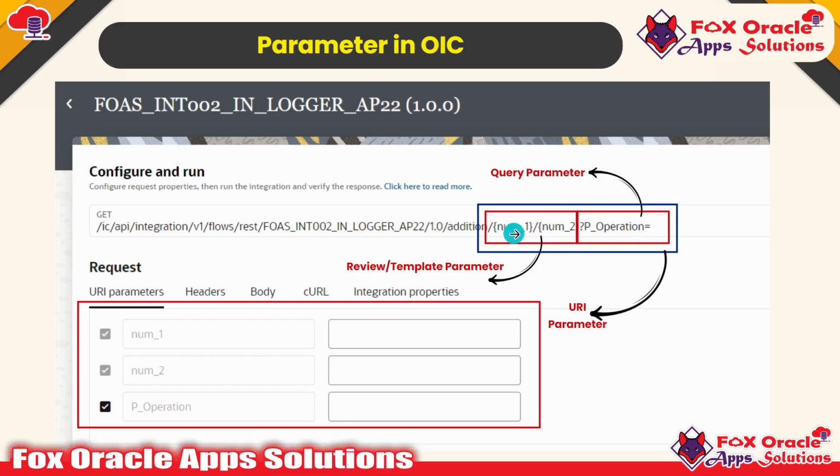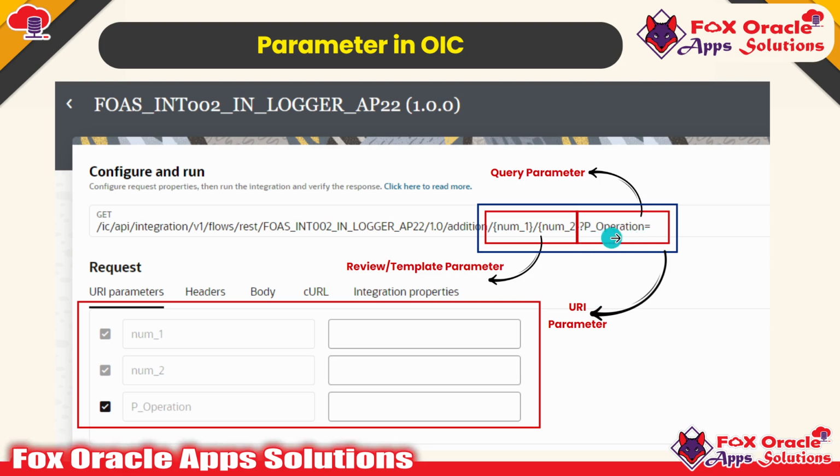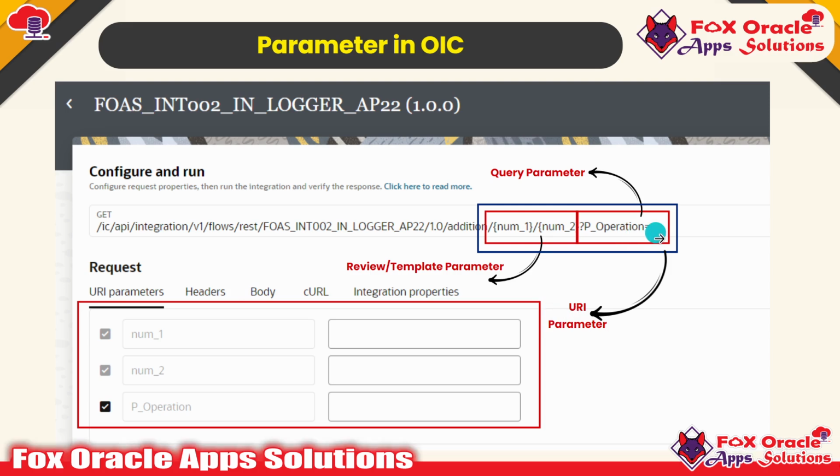As you can see, these are the query parameters and these are the review parameters. The review parameters are reflected in the integration's URL or the API URL, and in the review parameters there are no parameter names. But in query parameters there is a parameter name, like ?p_operation is the parameter's name, and whatever value you pass is added after this equals sign.